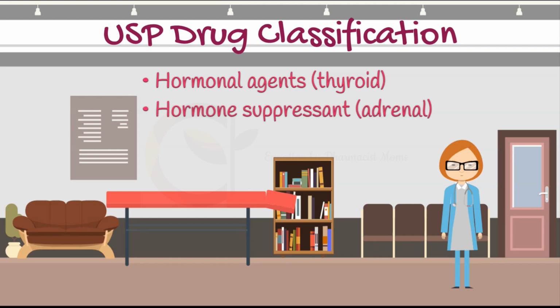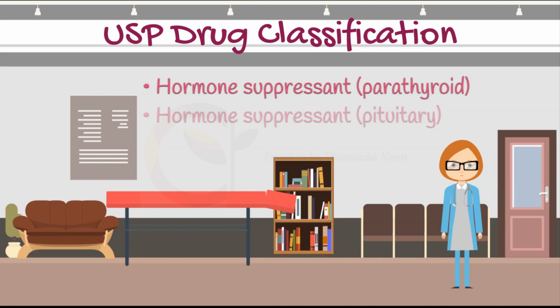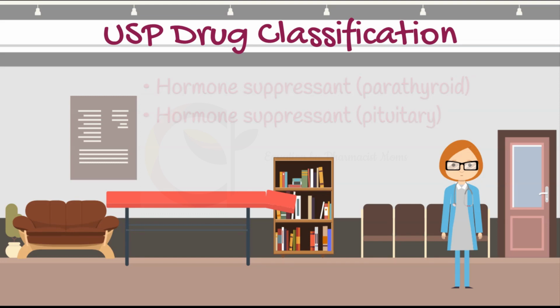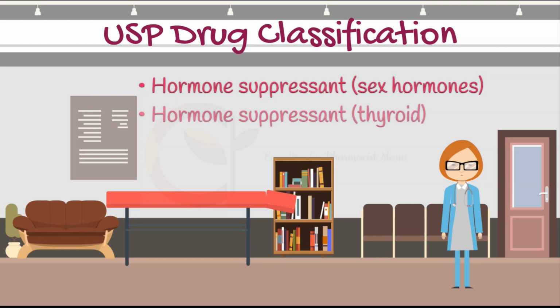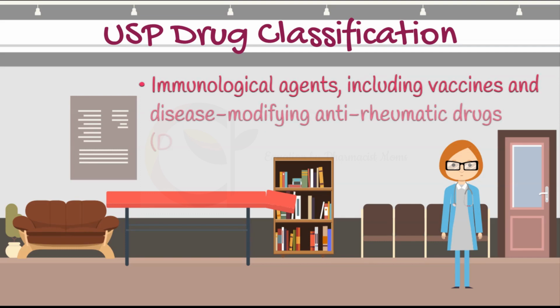Hormone suppressant, adrenal. Hormone suppressant, parathyroid. Hormone suppressant, pituitary. Hormone suppressant, sex hormones. Hormone suppressant, thyroid. Immunological agents, including vaccines and disease-modifying anti-rheumatic drugs, or DMARDs.